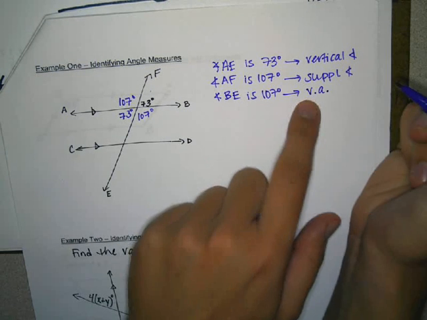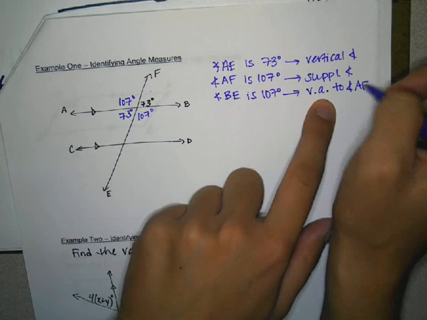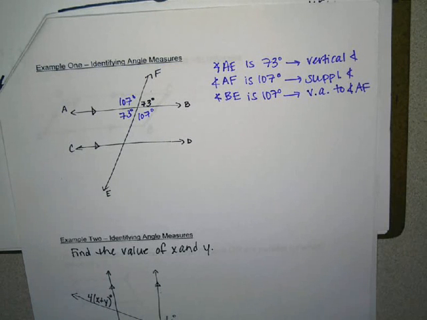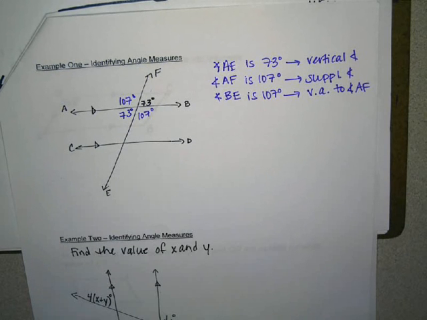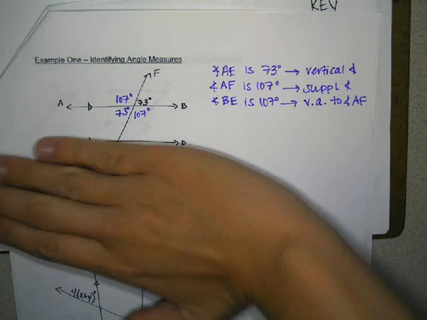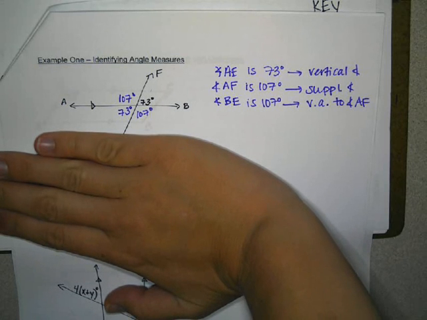That's what the VA means, vertical angle, to that one that we just found, angle AF. But also it adds up to 180, so you could do either. Okay, so we could have found all of that by just having those two lines crossing. We could have found all those.